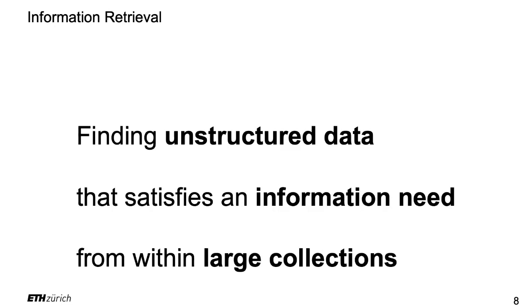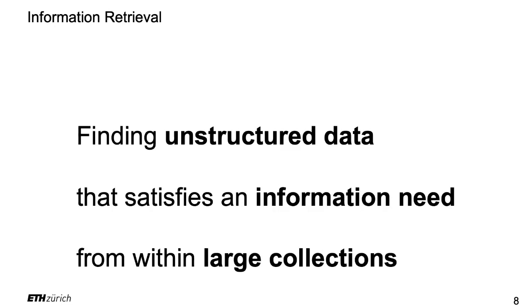You have an information need. I'll talk more about this. This is what you're looking for. And you're looking for information in a large collection. Note that the definition of information retrieval does not exclude the more modern large language models, because you could argue that ChatGPT is also doing that, right?